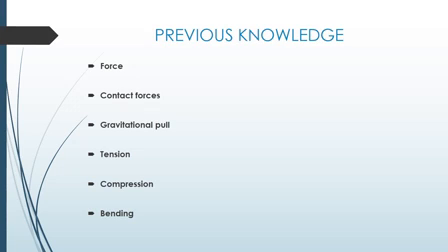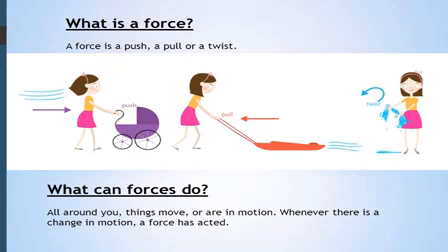So that curve produced is basically the bending of the rope, and this bending is basically nothing but a curvature produced.